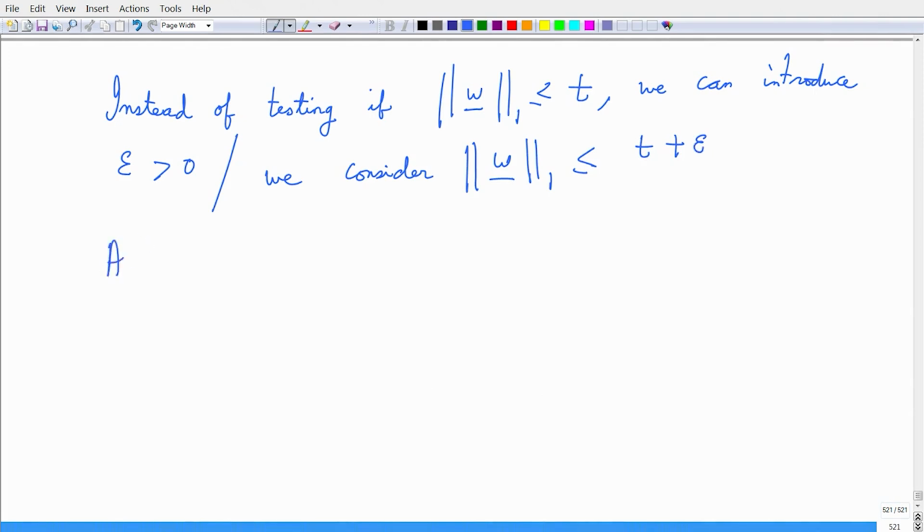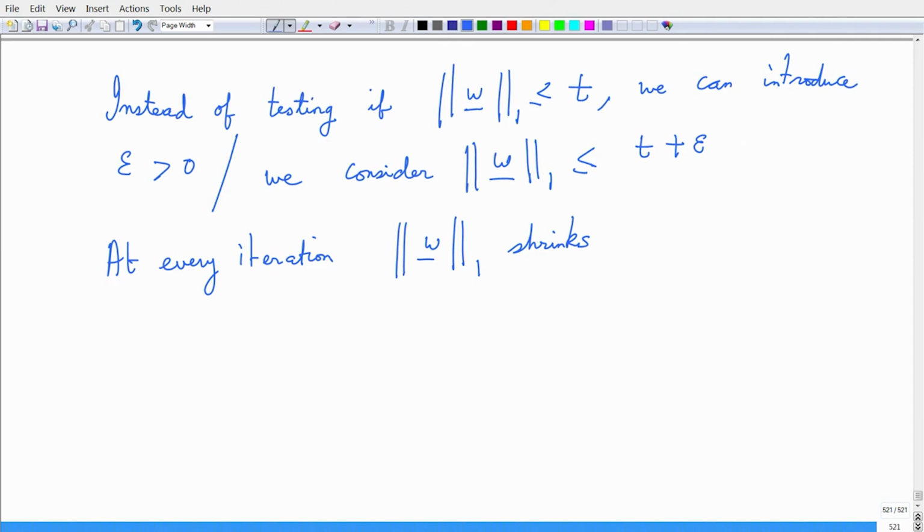So, at every iteration this norm shrinks and hopefully we land up with the solution.